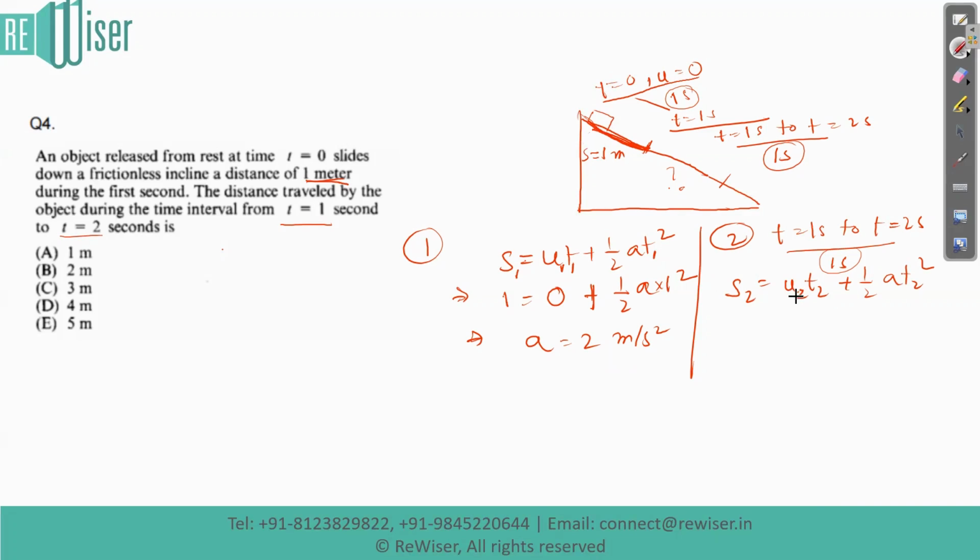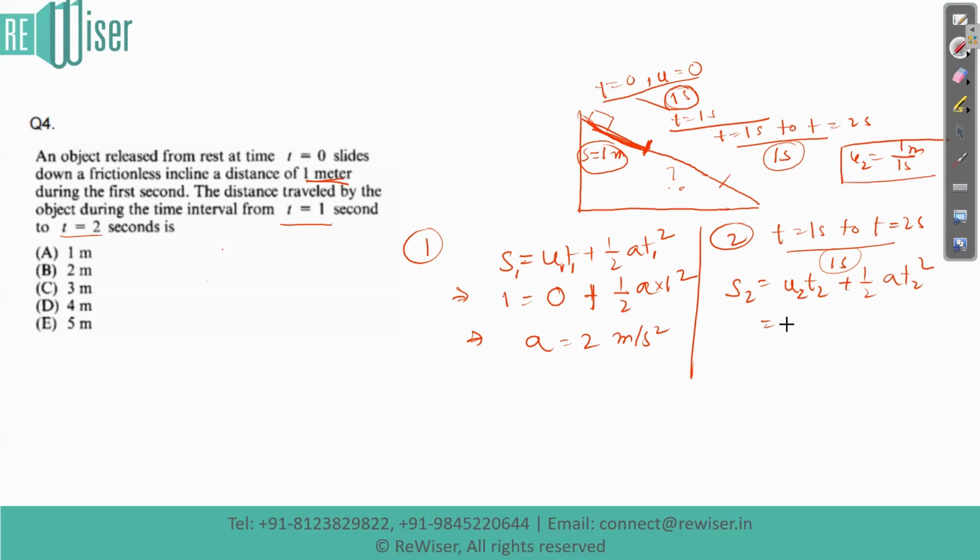So gravity is a uniform acceleration, so we can use that. Now what about U2? U2 is nothing but the final velocity here. Now final velocity, how do we find the final velocity? The time interval is 1 second, and in this time interval, the distance traveled is 1 meter. So U2 is nothing but 1 meter by 1 second, that means 1 meter per second.